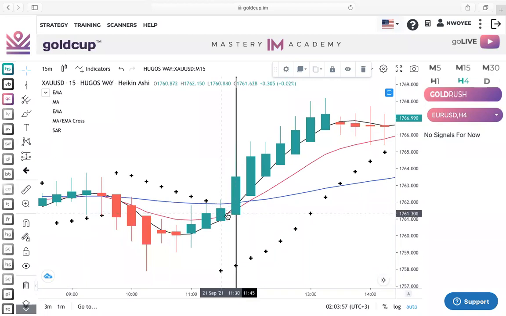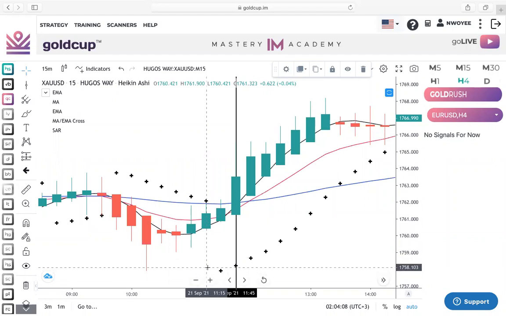Even though the move already started happening and we have a flat bottom here, this flat bottom does not have any SAR. So if I want to be strict with my confirmation, I'm not gonna worry about this.